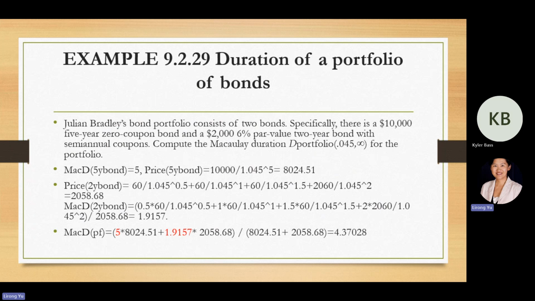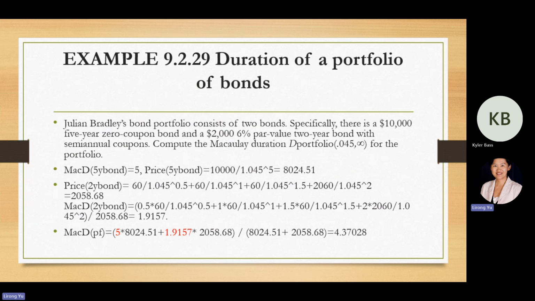Now the 2-year bond is a little bit different. We have a par value 2-year bond with semi-annual payments. Its par value, so the redemption, equals 2,000. So you have your cash flow. For a 2-year bond with semi-annual coupons, that means you have 2 times 2, 4 coupons. And since it's semi-annual, the 6% divided by 2 is 3% in each coupon.